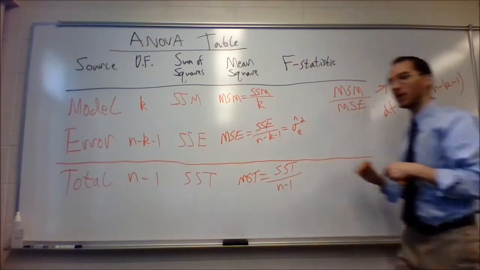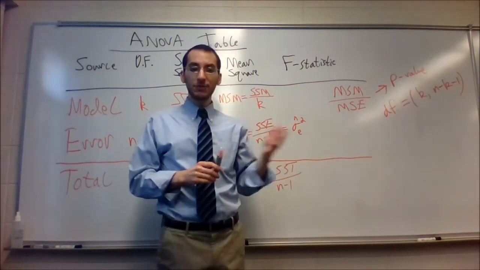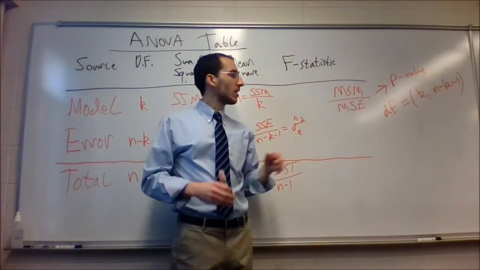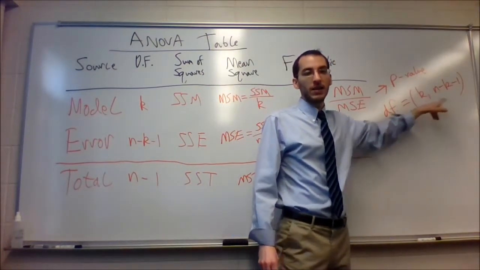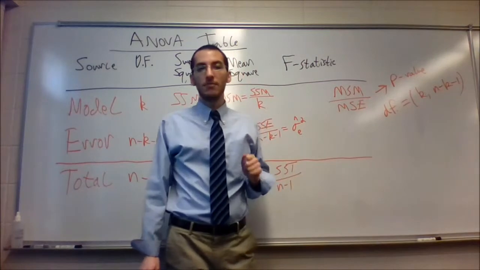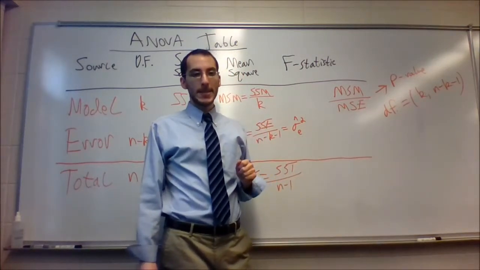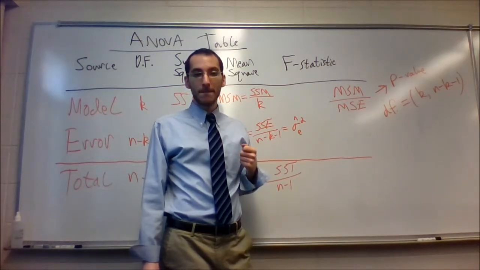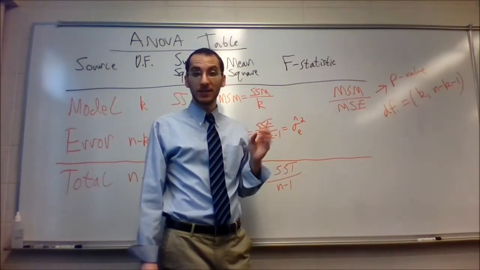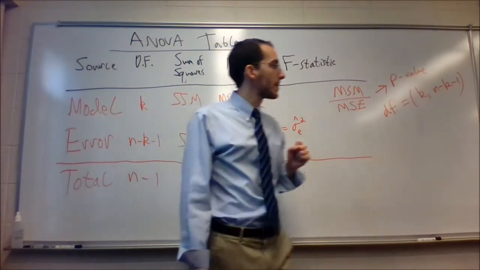That's why when you look at your R output and it gives you the F statistic, it then gives you two different degrees of freedom, a k and an n minus k minus 1. You remember, k is just the number of explanatory variables that we're using.